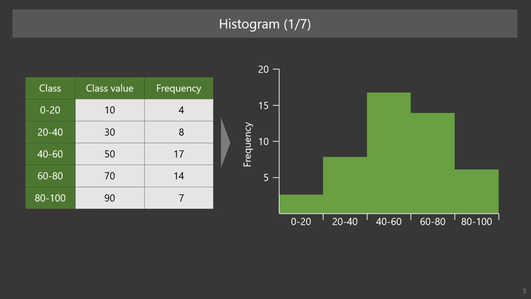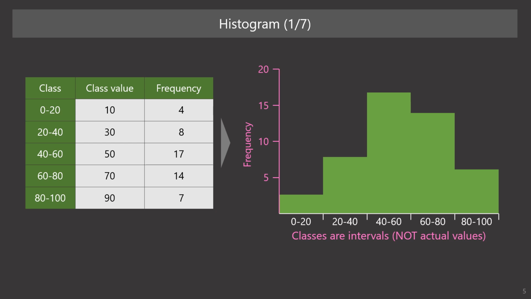It is a dataset of 50 students' exam scores. In a histogram, the horizontal axis represents the classes. A class is the interval, not an actual value. And the vertical axis represents frequency.